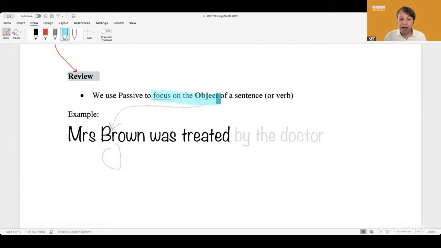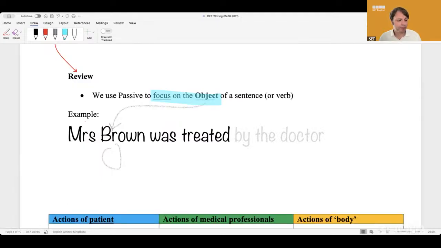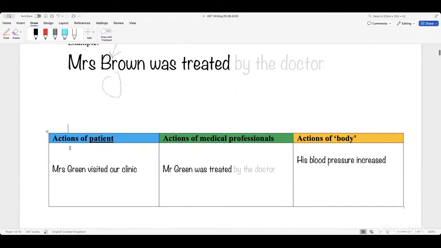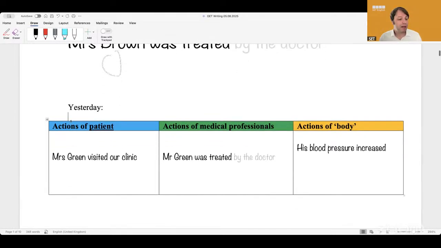I also talked about something else. Mizgin, can you remember what the other thing was that we talked about yesterday? Another thing. Do you remember this? Can you give me a clue? Actions of what is this?